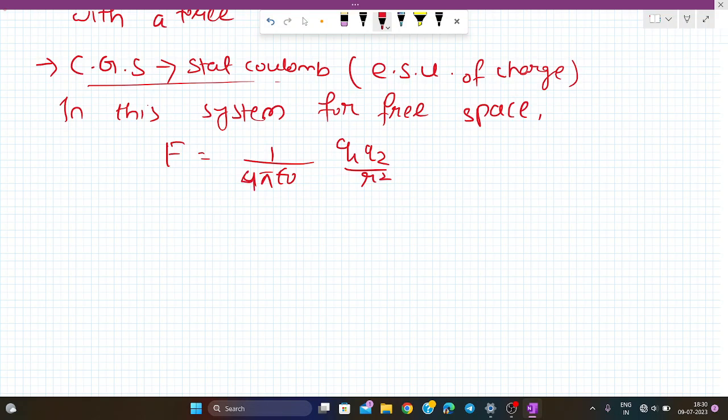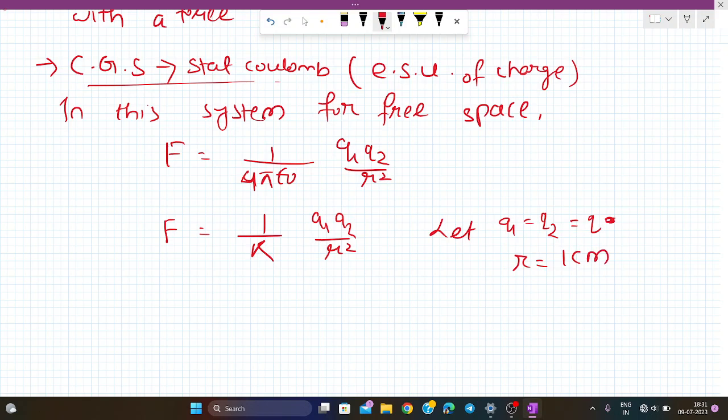As I am talking about the CGS system, I can't take it as 9 into 10 to the power 9. So better if I keep it as a constant K and Q1 Q2 divided by R square. Let Q1 is equal to Q2 is equal to Q, and R is 1 centimeter as I have taken the CGS system of units, and F here is 1 dyne.